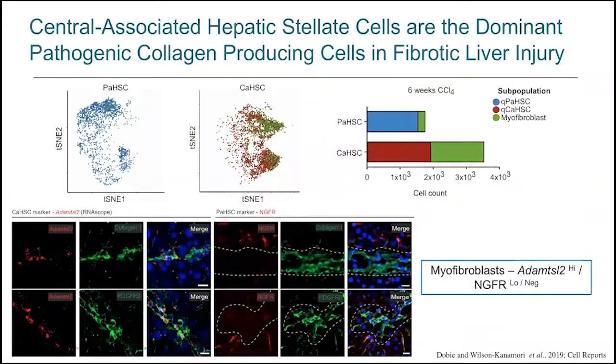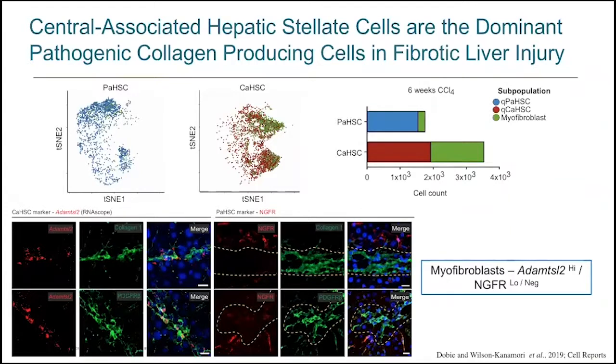Now, to identify the myofibroblasts in the dataset and to investigate whether our zonation signature correlated with a myofibroblast phenotype, we created a myofibroblast signature by thresholding stellates based on their fibrillar collagen overexpression, that is COL1A1, COL1A2, and COL3A1. Now, this is a hallmark of activation.